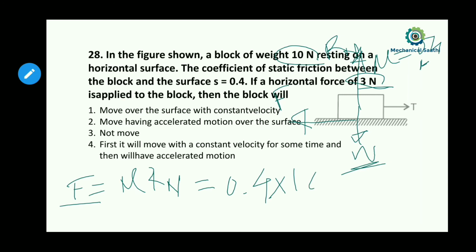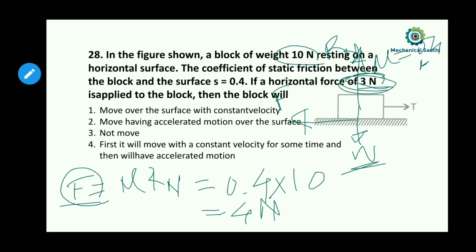So the frictional force will be equal to 4 Newton, and we are applying 3 Newton of force. So obviously it will not move. For moving, we require a force greater than 4 Newton. So it will not move.